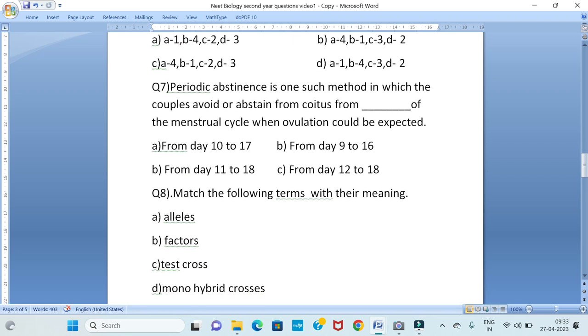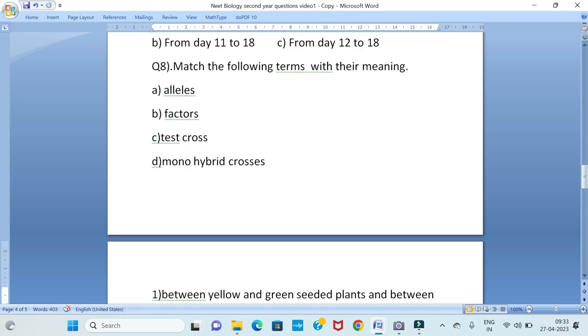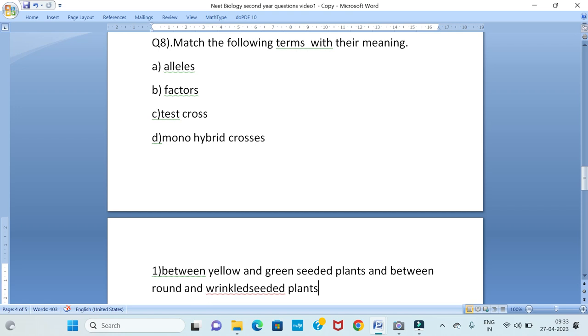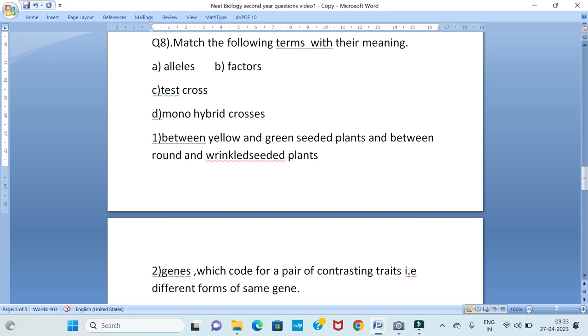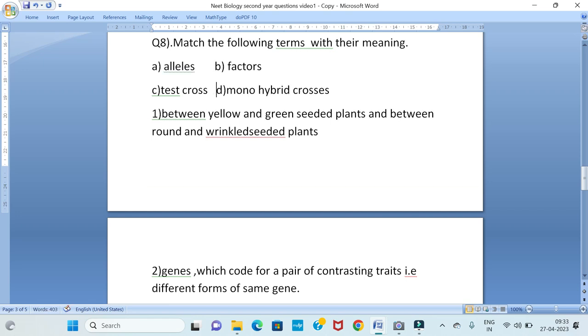Match the following terms with their meanings: alleles, factors, test cross, monohybrid crosses.